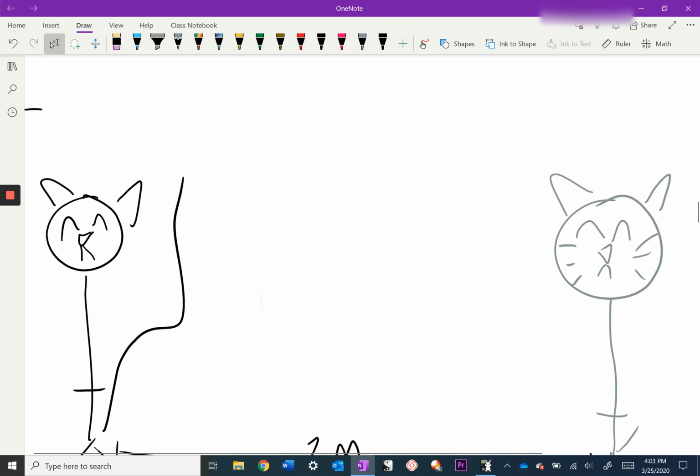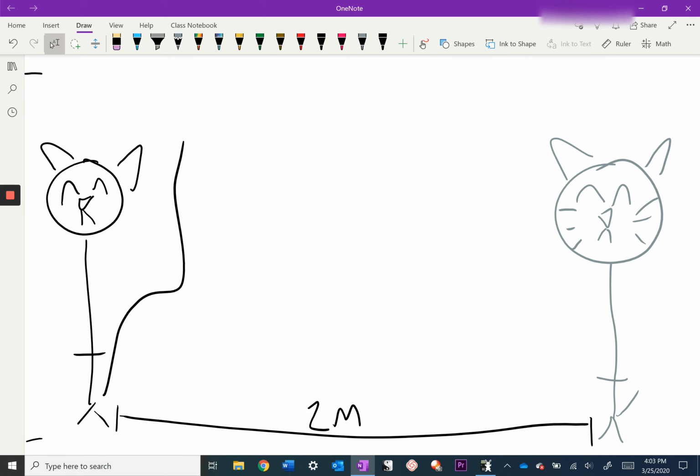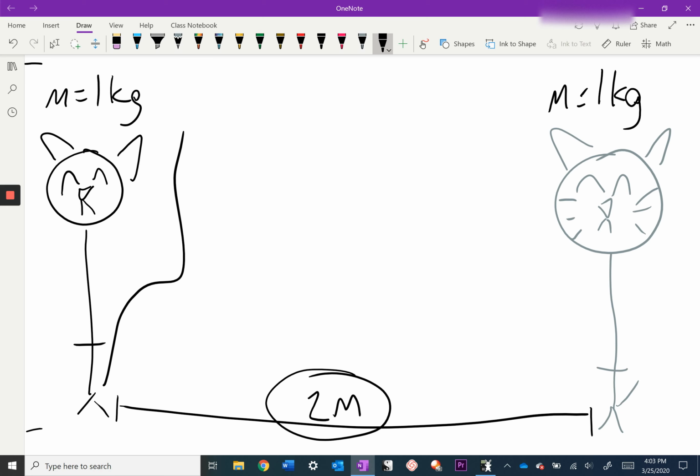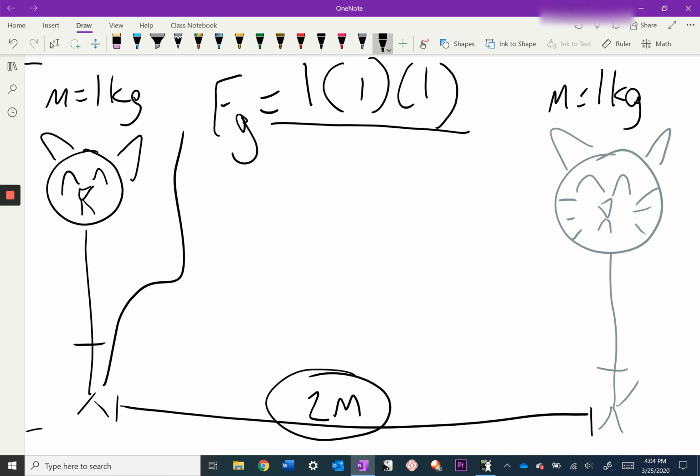Now, things are a little bit different with distance. This time, Cinder and Heidi are both 1 kilogram again. They both went on a diet after that last question. Now, however, they are 2 meters apart. So when we plug everything into our formula, we have 1 times 1 times 1 divided by 2 squared.